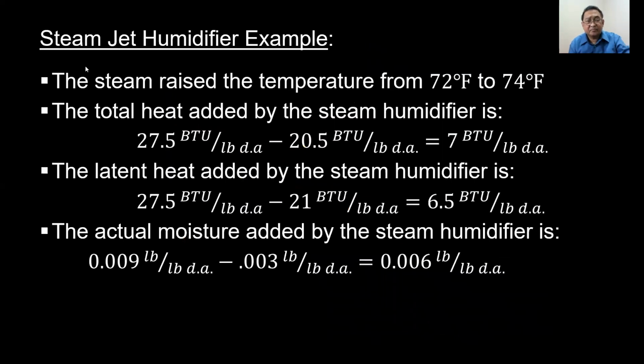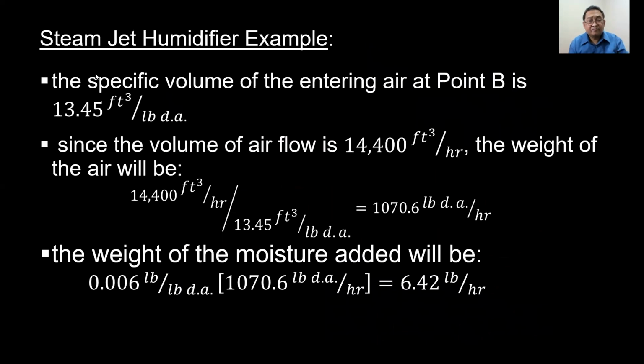From that, the volume of the airflow is 14,400 cubic feet per hour, and the weight of the air will be 14,400 cubic feet per hour divided by 13.45 cubic feet per pound of dry air, which is 1070.6 pounds of dry air per hour.